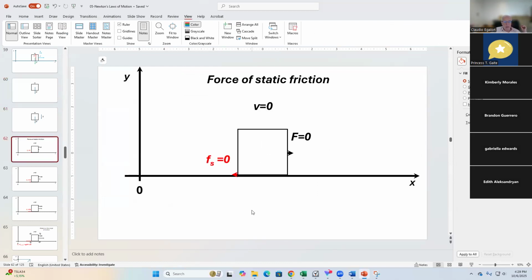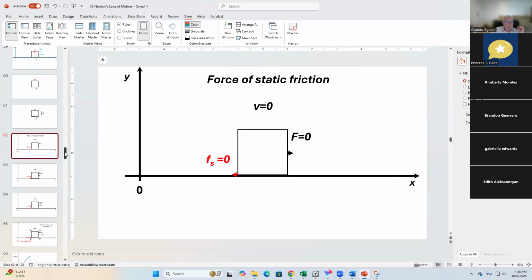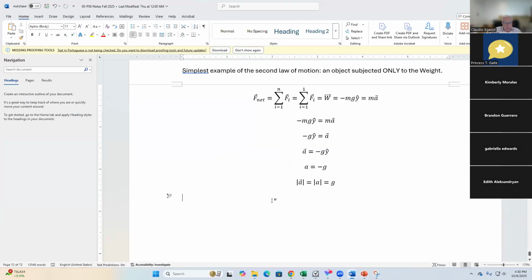We can have another one: the case of the force of static friction. Very important, so let's cover that now. The force of static friction is something that changes. It doesn't have a single value. First we need to cover that, and then we get back to Newton's second law.